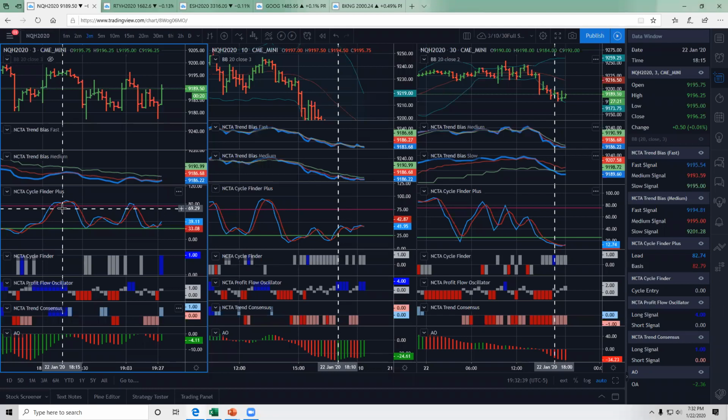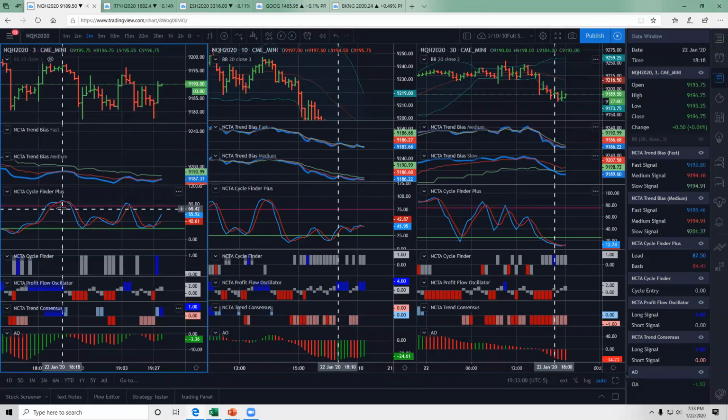Now it doesn't have alignment, so I wouldn't have actually taken this, but I'm sharing it to emphasize something. On the 3-minute, you have a cross to the downside at 18.15. On the next 3-minute bar, it crosses back up. So you want to take that trade off because it's reversed. You don't want to stay short and just hope and assume and pray that it's going to work out.